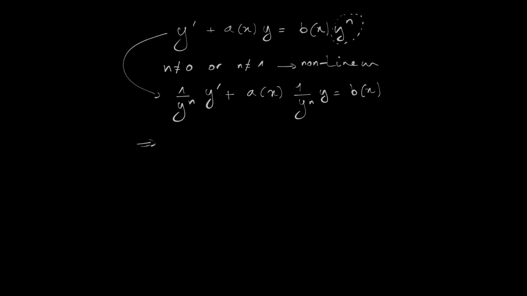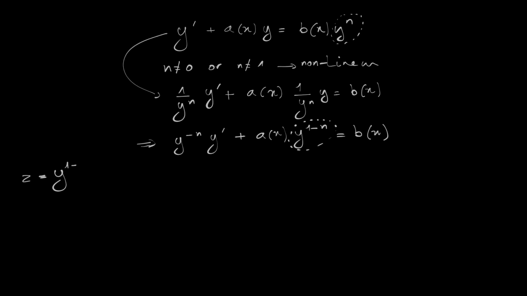Then using the rules of power, we can write this. Now we introduce a new variable z. We set z equal to the term next to a of x, which is y power of 1 minus n.